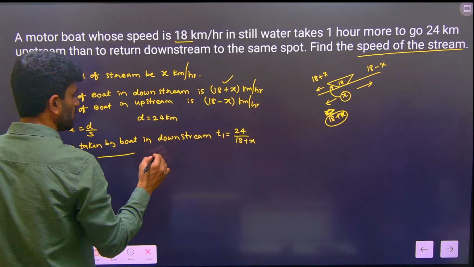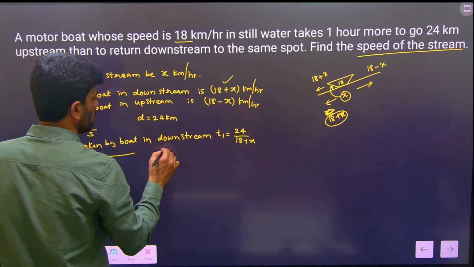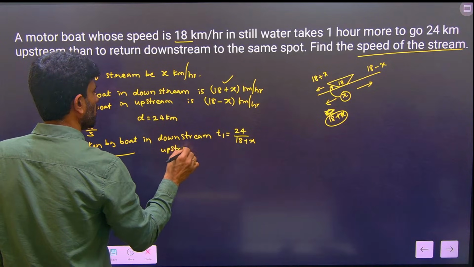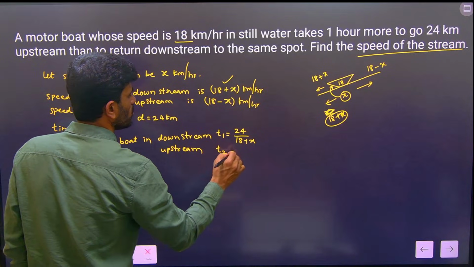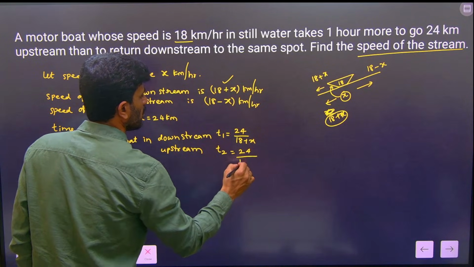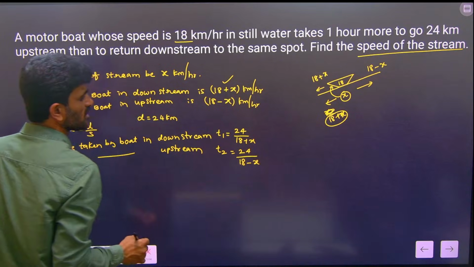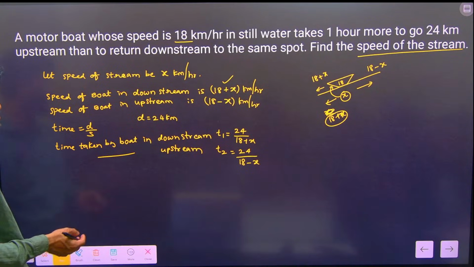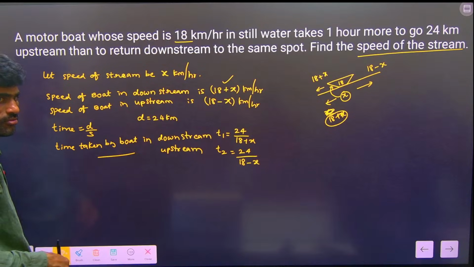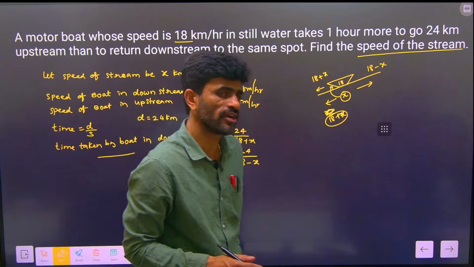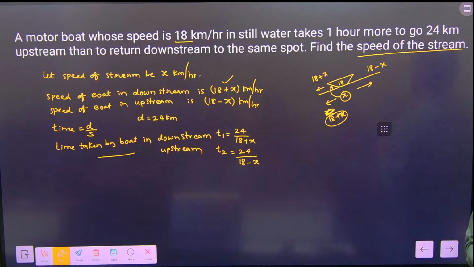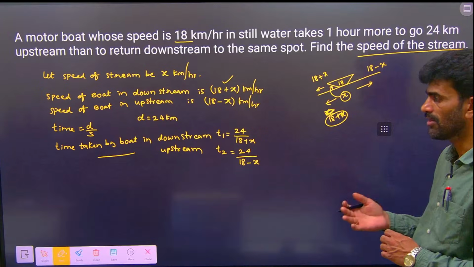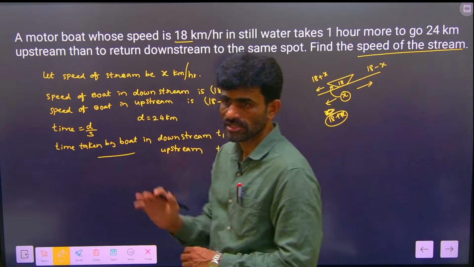Now the time taken by the boat in upstream. T2 is equal to 24 by 18 minus x, because in upstream speed is 18 minus x. Understood these two? Now, a very important point is in which case time is more, upstream or downstream. In upstream time will be more because the speed is less.